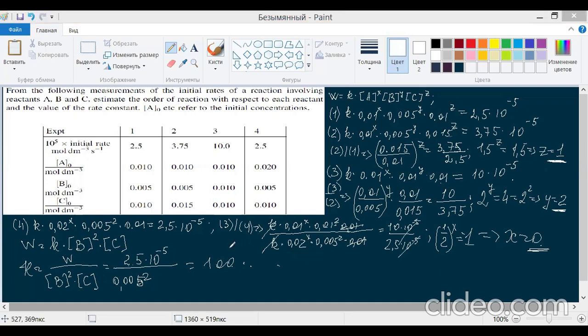If you plug in all these values, you will get 100. That is the answer, and we have just calculated the orders with respect to the three reagents, and also the value of the rate constant, which is exactly 100.